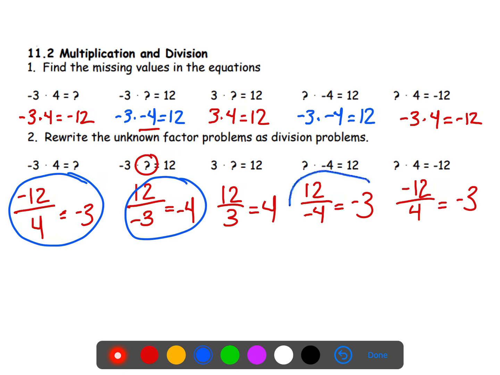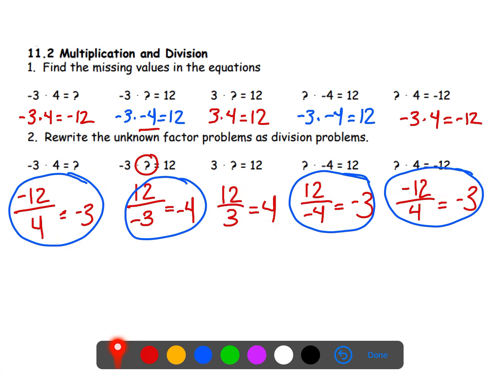That happened here as well, and it happens here as well. So that tells us that if one of our numbers in the division problem, doesn't matter if it's the dividend or the divisor, is negative, then our quotient will be negative. If we're dividing positive numbers, our quotient's going to be positive.